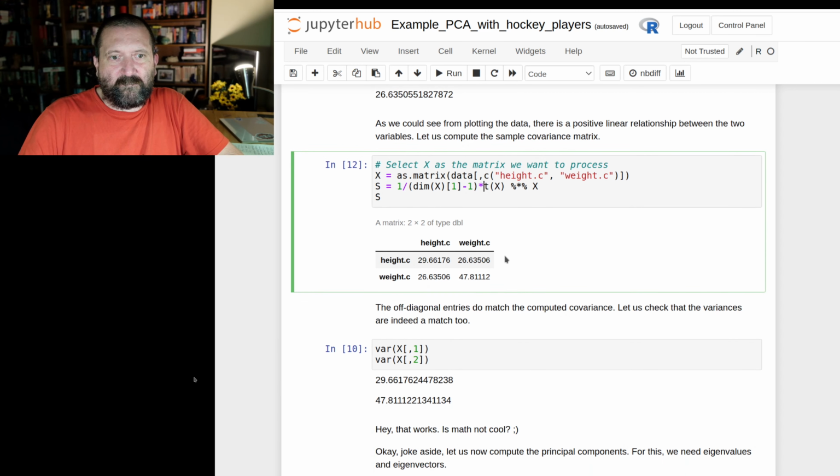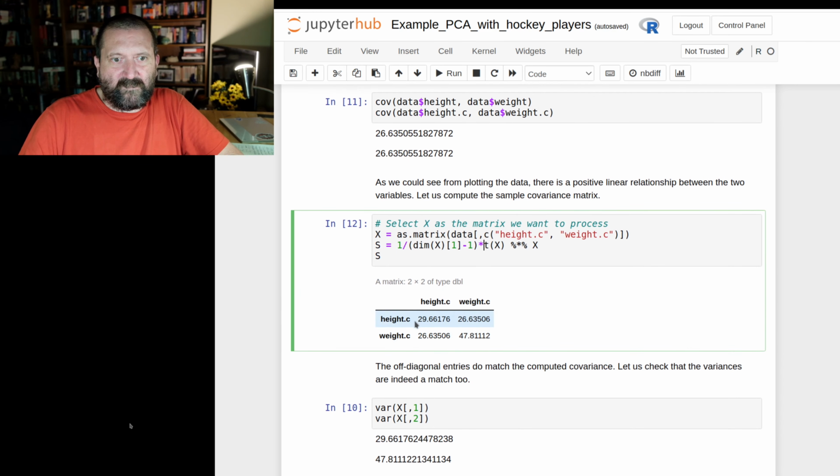And you can see that the values we get are essentially the same as the ones we get when we look at the covariance.